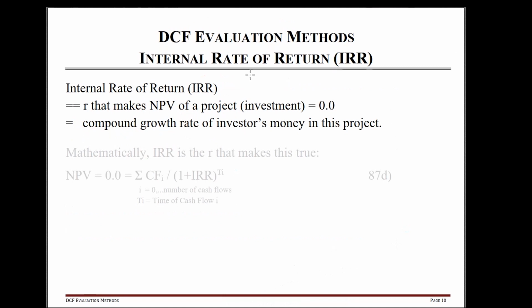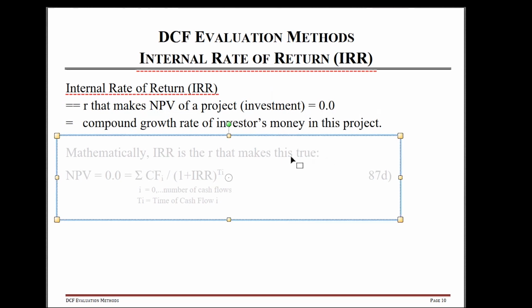And our third and final, for us, discounted cash flow evaluation method, we looked at the internal rate of return method, or the IRR method. So first we had to define what we meant by an internal rate of return. And an internal rate of return is just the discount rate or the interest rate that makes the NPV of a project equal to 0, okay? And mathematically, how are we gonna make that work?